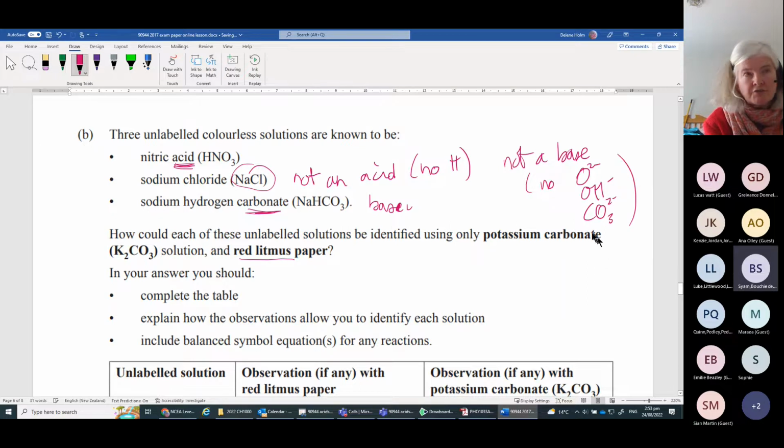So if it hasn't got one of those, it's not a base. So the only other option is that it must be a salt. And at level 1, you only work with neutral salts. You don't work with acidic salts and basic salts. You learn that in level 2, in level 3.